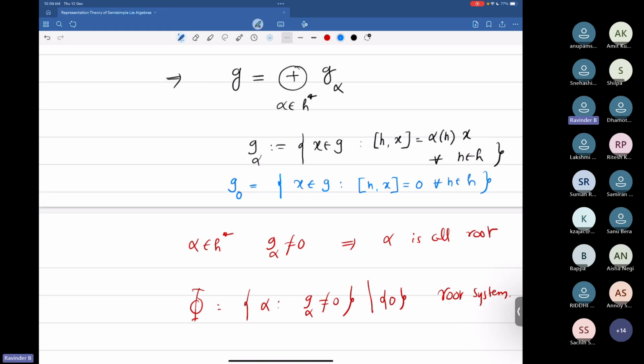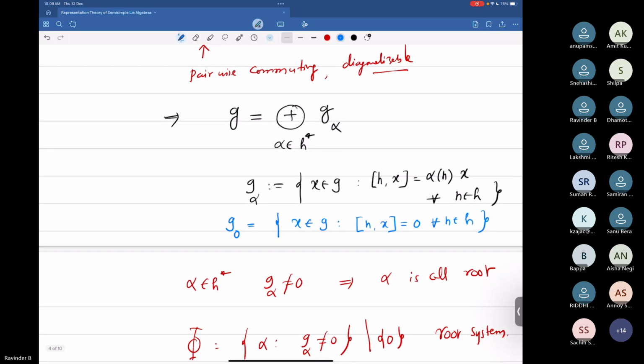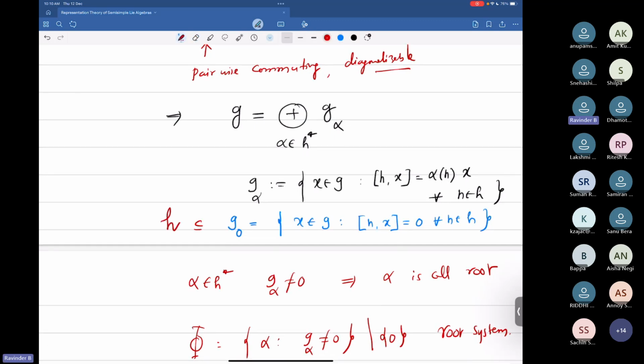And do you have any such elements which commute with all the elements of H? If you go back to your SL3 example, what is the question asking? Those elements in SL3 which should commute with all the diagonal matrices. Do you have such elements? In fact, all the diagonal matrices will commute with all the diagonal matrices. So definitely every H is there.